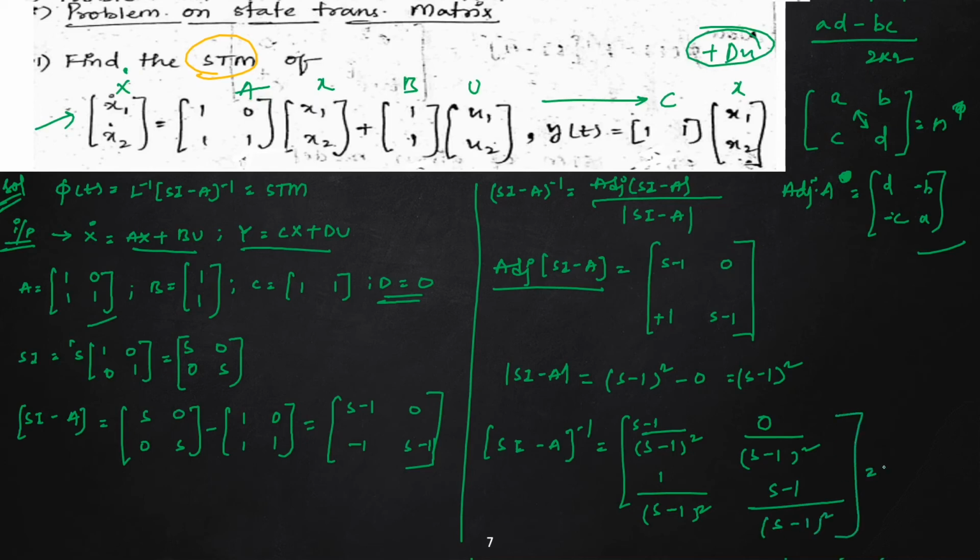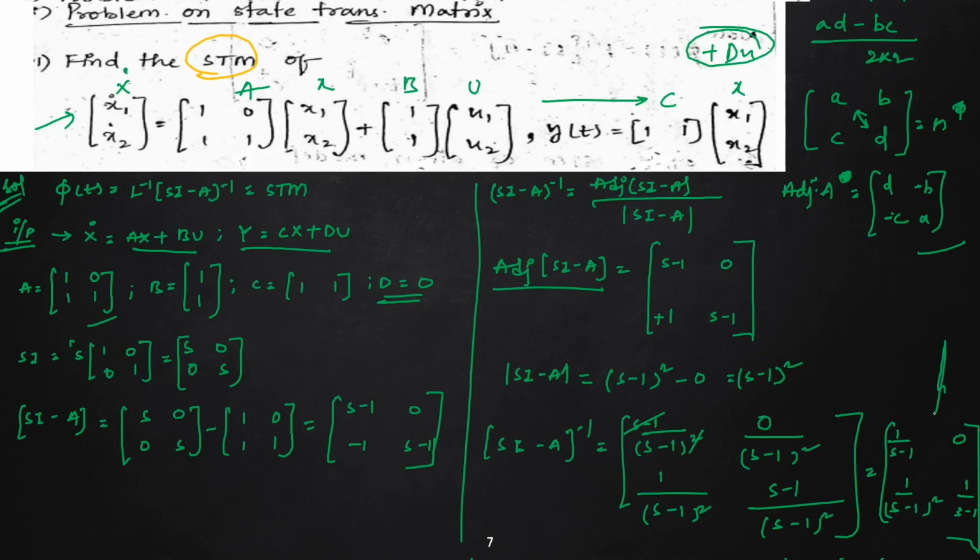Finally, s minus 1 gets cancelled, so I have 1 by (s minus 1), here 0, here 1 by (s minus 1) whole square, and here also 1 by (s minus 1). So this is the (sI minus A) whole inverse I have got.